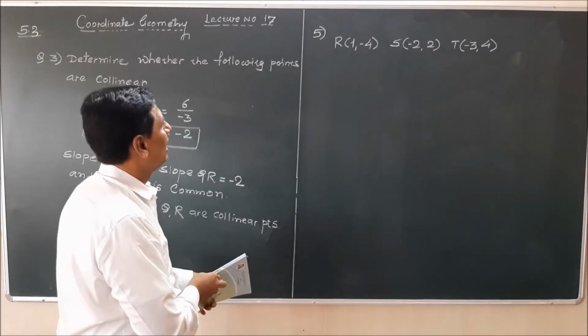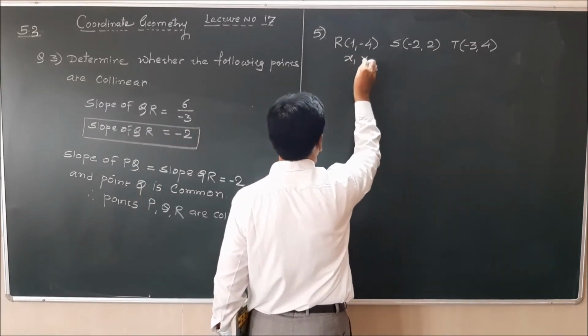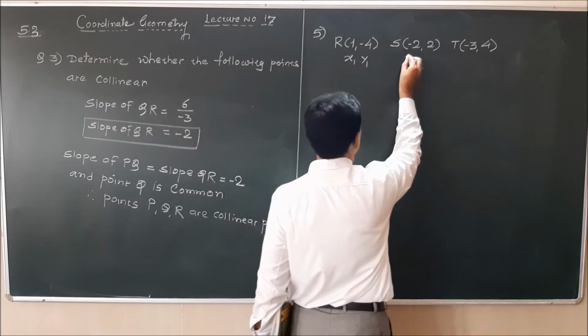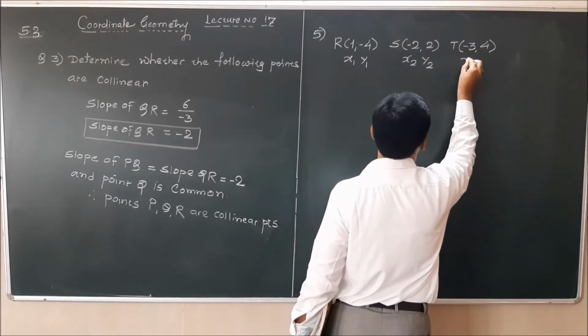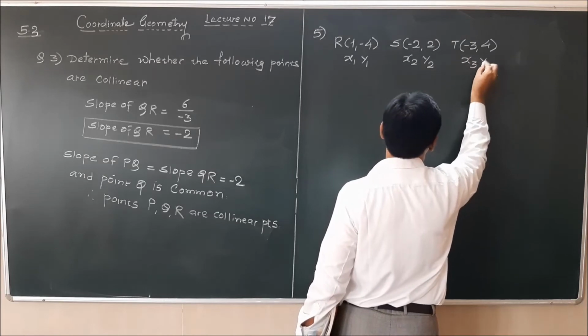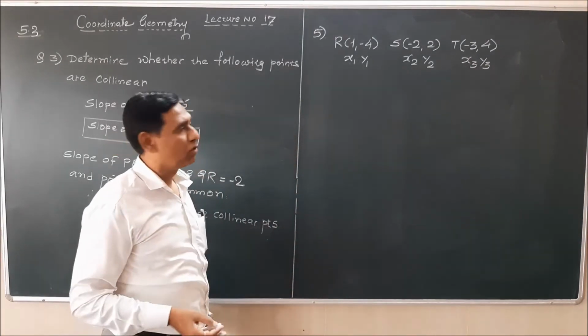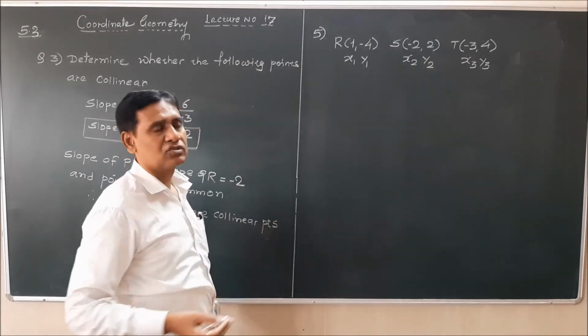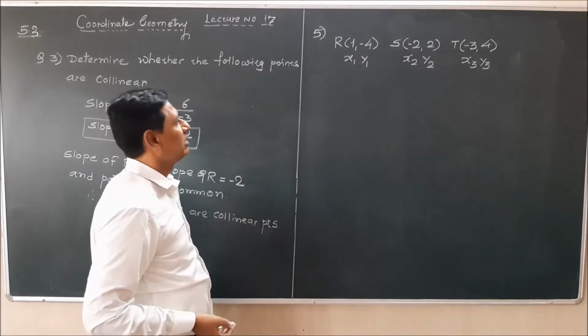Okay. Label the coordinates of R as x1, y1, coordinates of S as x2, y2, and coordinates of T as x3, y3. Now we'll find out the slope of RS, we'll find out the slope of ST, and we'll verify if the slopes are the same, and if a point is common.